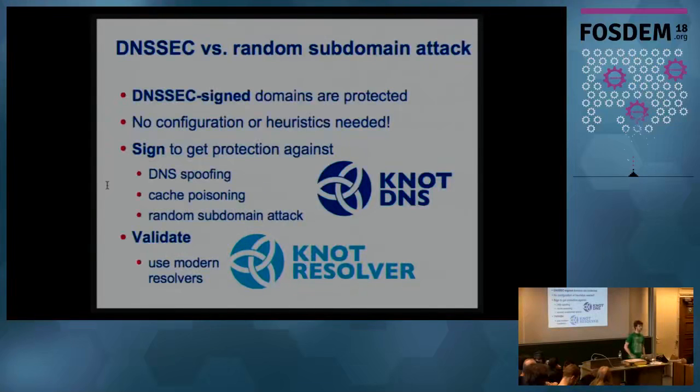Over time, the resolver will fill its cache with the proofs of non-existence for various pieces of the namespace. So quite quickly it will build basically coverage of the whole namespace, so the random queries will be hitting just the data in cache and will not get forwarded to the authoritative server.